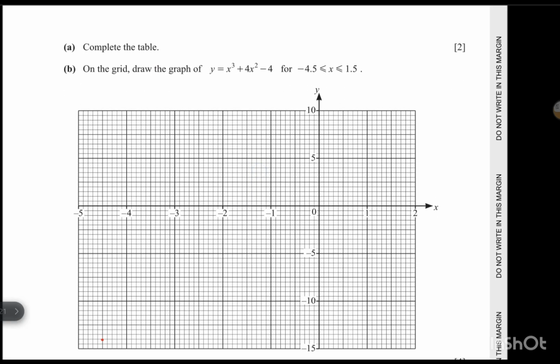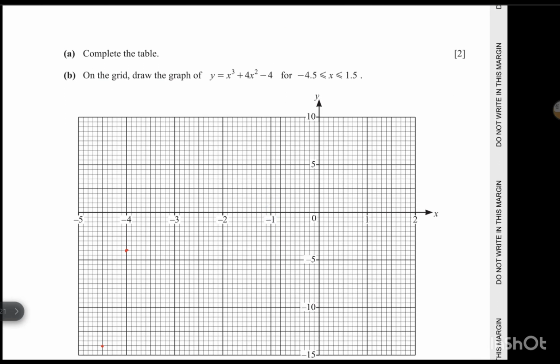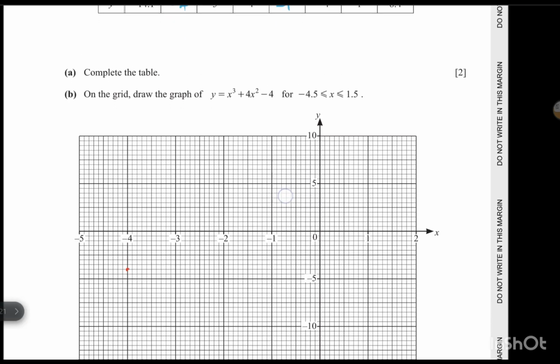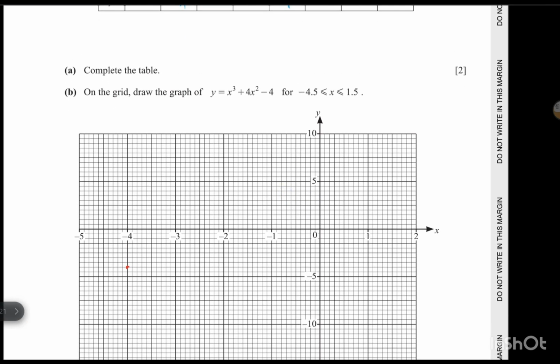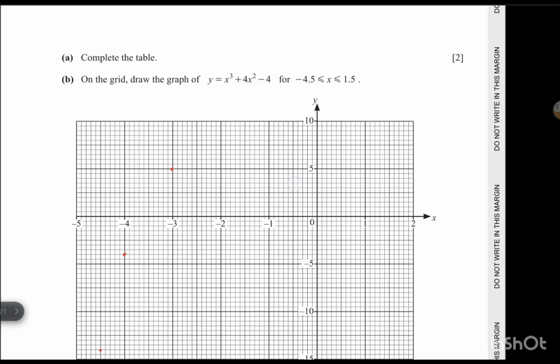Then minus 4, minus 4. So minus 4 is here. This will be minus 4, minus 4. Next minus 3, minus 5. Minus 3, and sorry, positive 5. So minus 3, 5. Minus 2, 4.